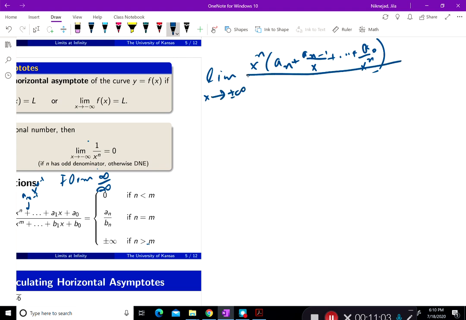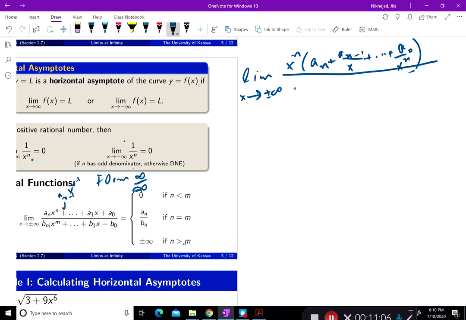And then the denominator, I factor out x to the power m. Again, this time it's b_m plus b_(m-1) x to power m minus 1, so we end up with b_(m-1) over x plus all the way to b_0 over x to the power m.